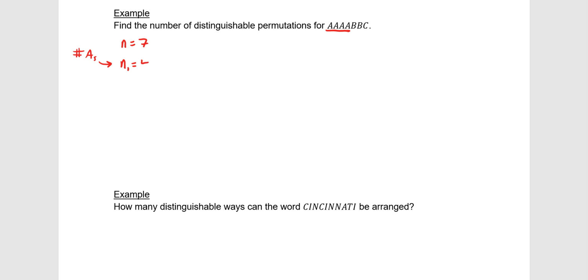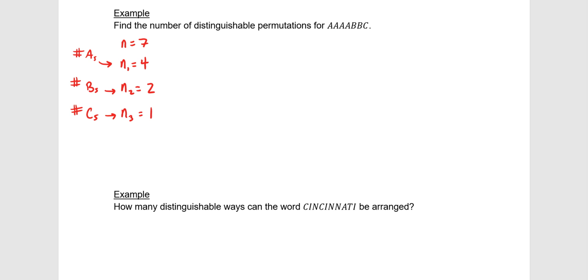There are 4 A's, so n sub 1 is 4. Let n sub 2 be the number of B's. There are 2 B's, so n sub 2 is 2. N sub 3 is the number of C's. There's only 1 C here, so that's actually not going to play any role in this, but we can include it if we want.